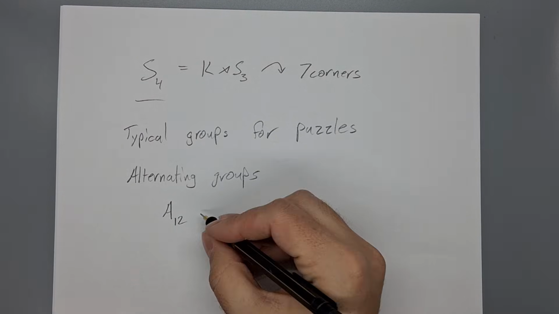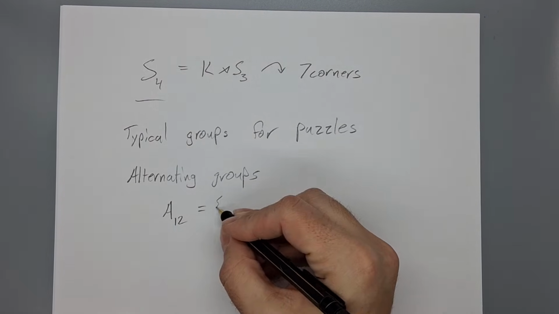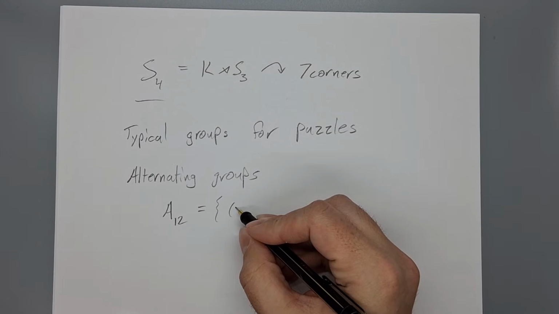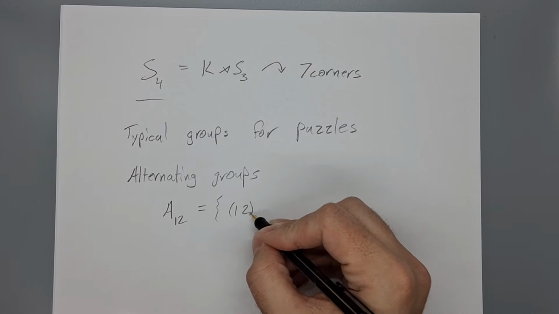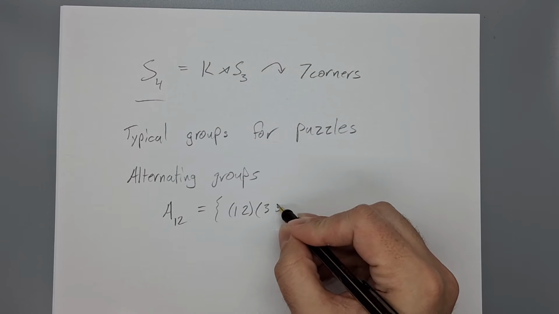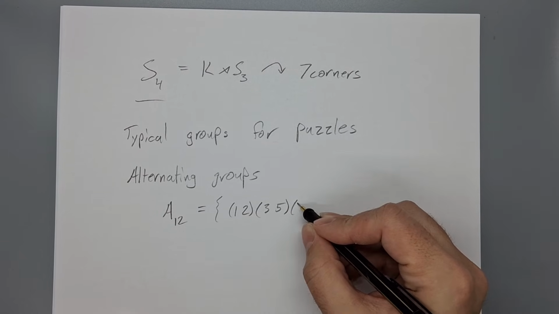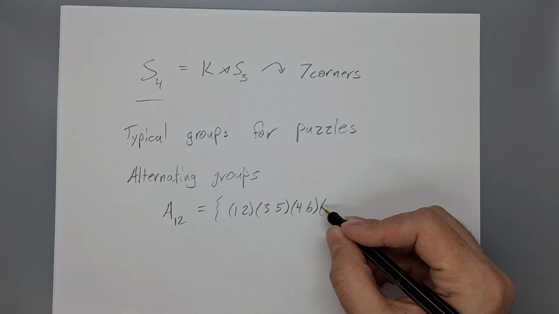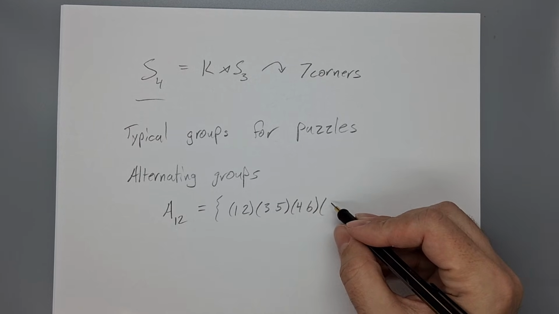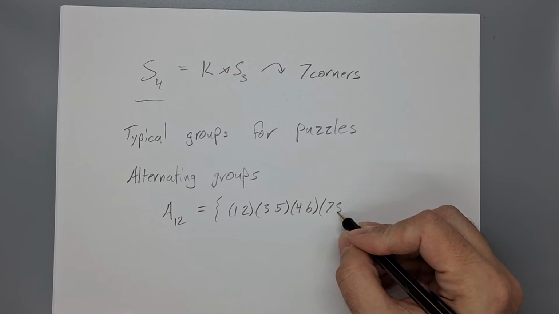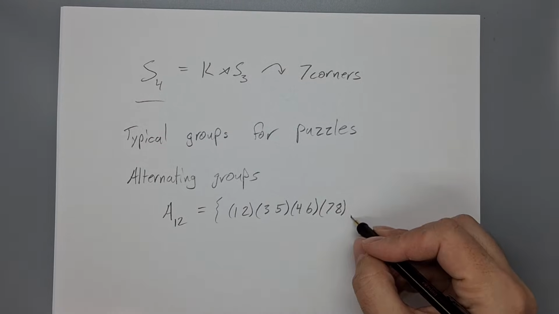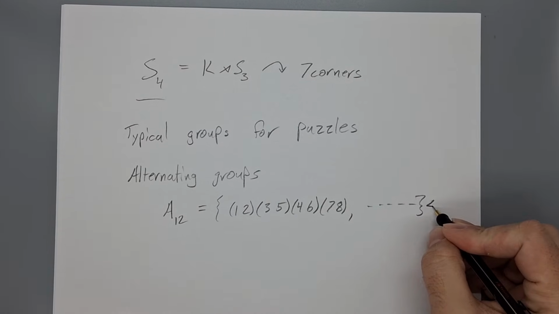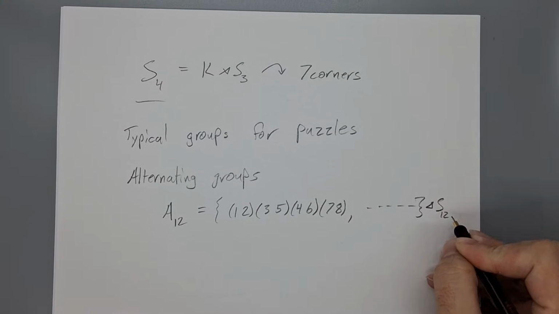The alternating group is made up of all of the things where you have, say, 1, 2, 3, 5, and then maybe 4, 6, and let's say, I don't want any overlap, 7, 8. This would be something in the alternating subgroup of S12.